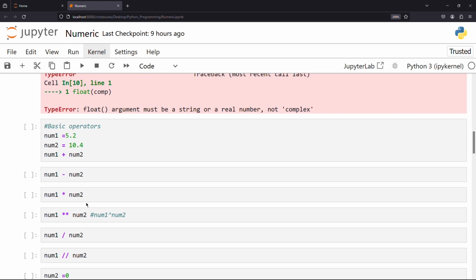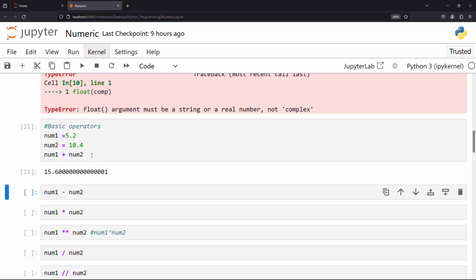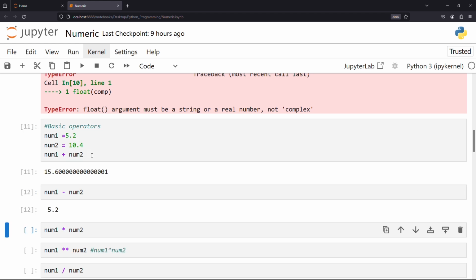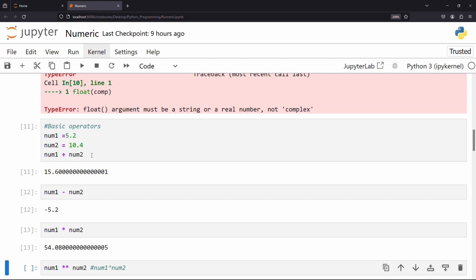Now let's see some basic operators in Python that can be used on integer, float, and complex. If we take two float numbers like 5.2 and 10.4, we can do addition like this, similarly subtraction, and this is multiplication.